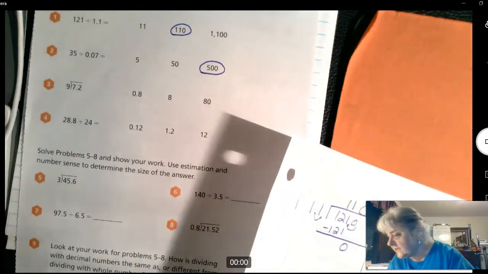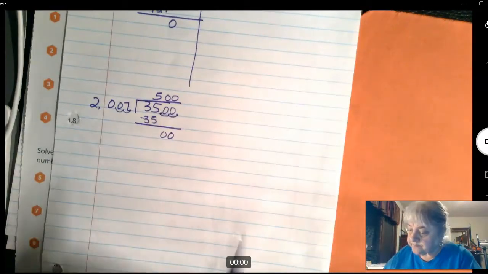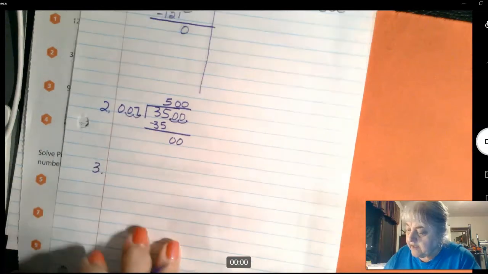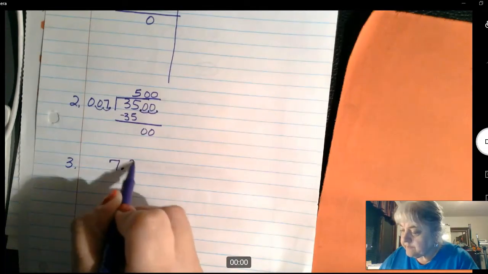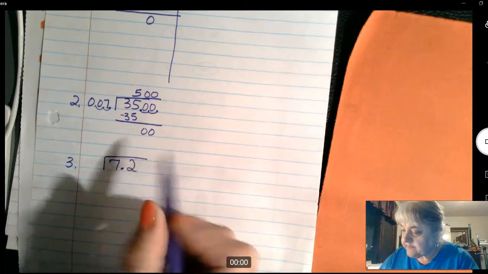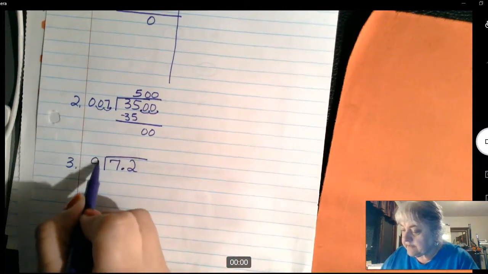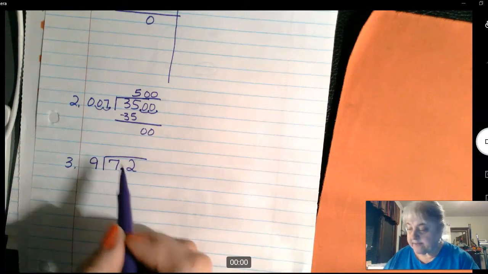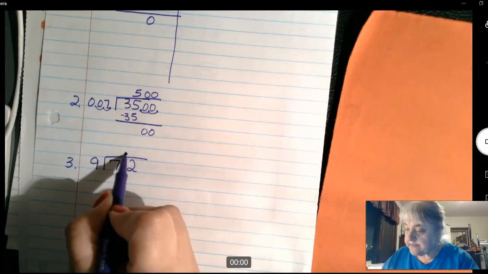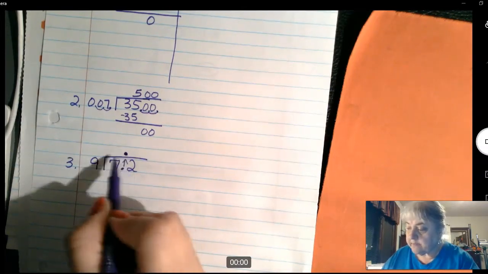Now we're looking at number 3. And in this problem, I have 7.2, 7 and 2 tenths, divided by 9. Okay. If the decimal is in the house, we're going to raise it to the roof, which means we're just going to bring it right straight up, okay?